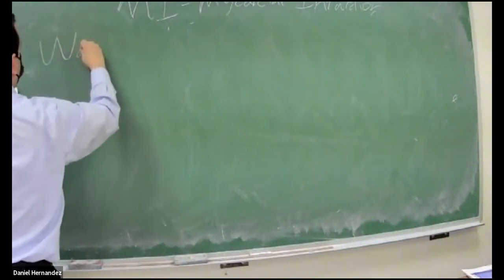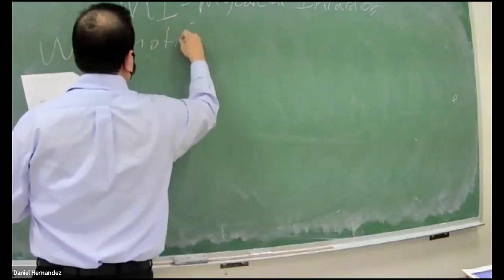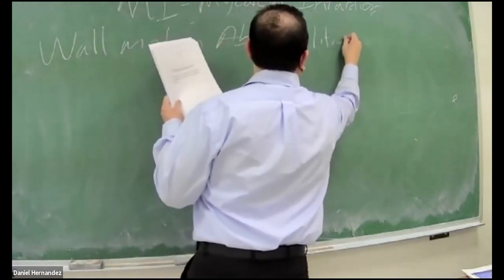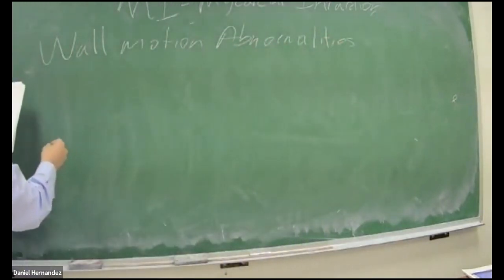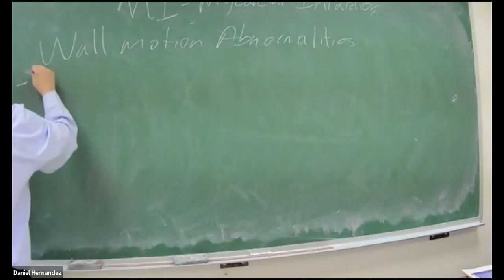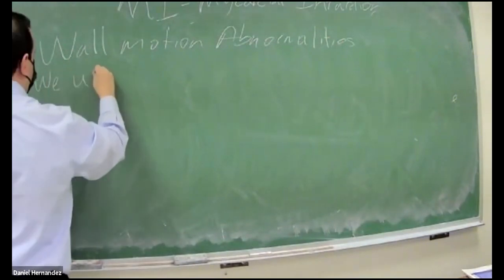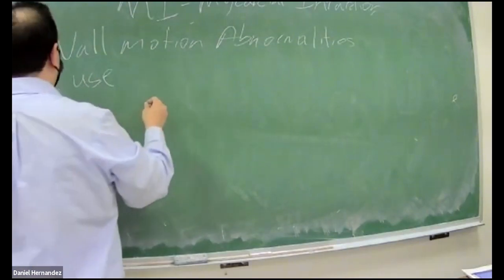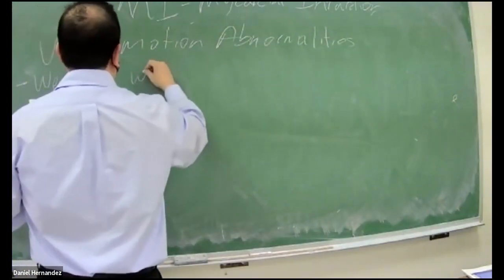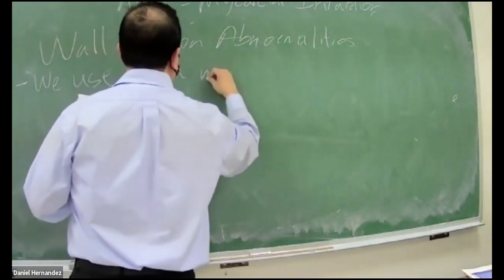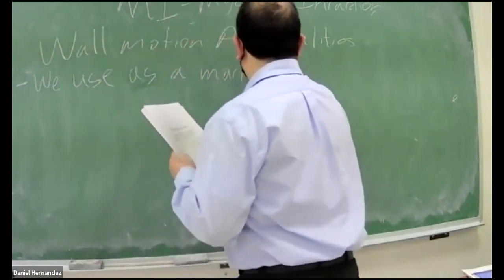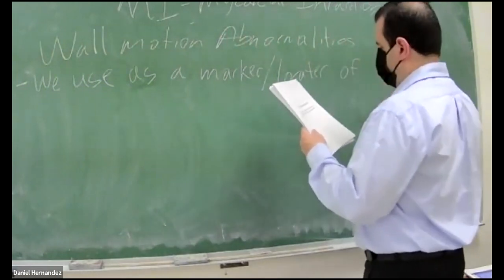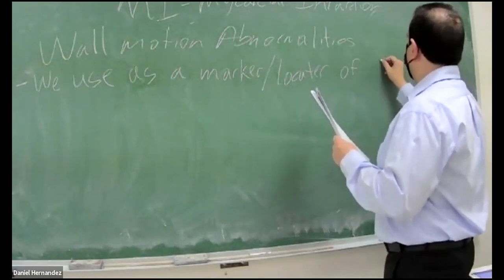So wall motion abnormalities. We use wall motion abnormalities as a marker slash locator for the location of the ischemia or infarct in the coronary artery.